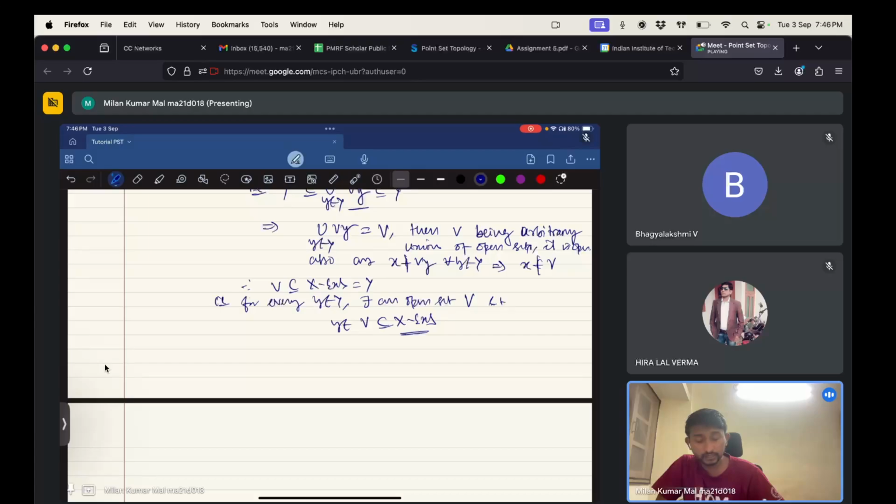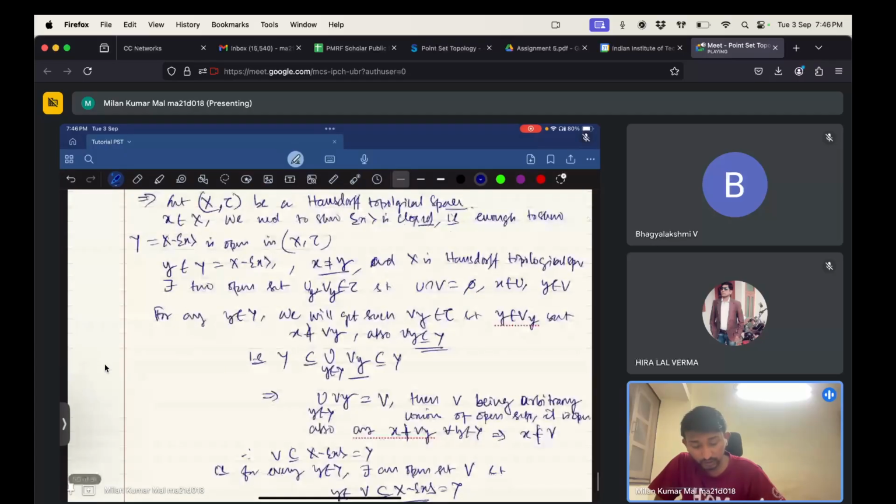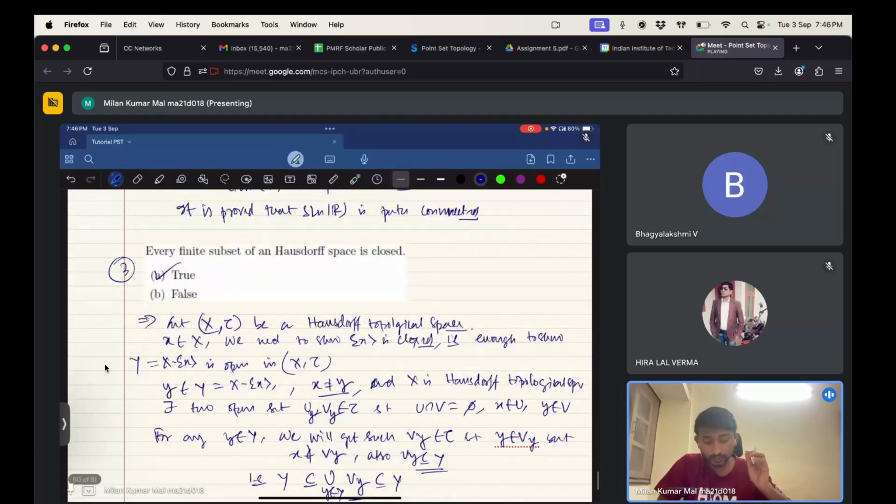This is true for all y. So that means Y is open. That means the singleton set is closed. So that proves that every finite subset of a Hausdorff space is closed.